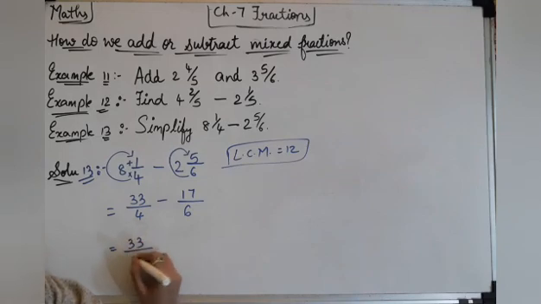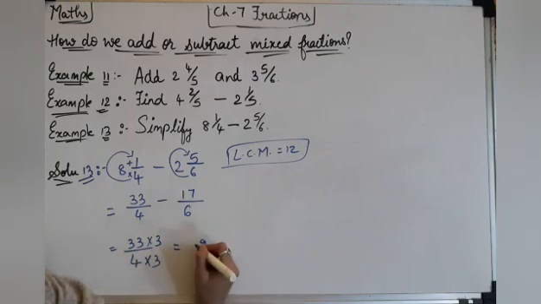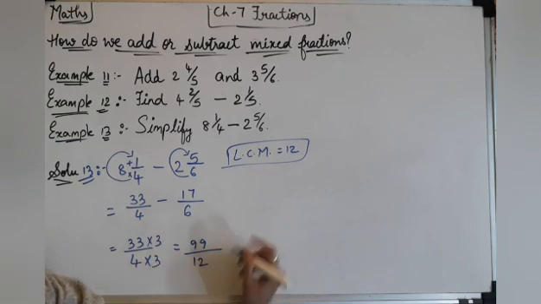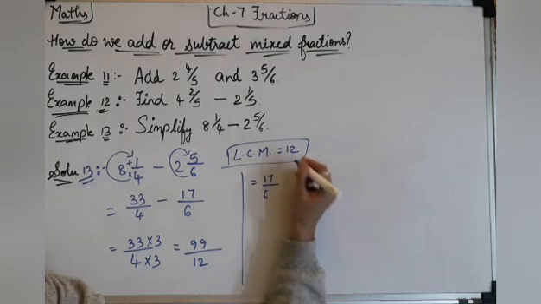So 33 upon 4, by which number do I have to multiply to get 12? I have to multiply by 3, right? So in the numerator also I'll multiply. 33 into 3. 3 3s are 9 and again 3 3s are 9. So 99 upon 12. 17 upon 6: by which number do I have to multiply to get 12?